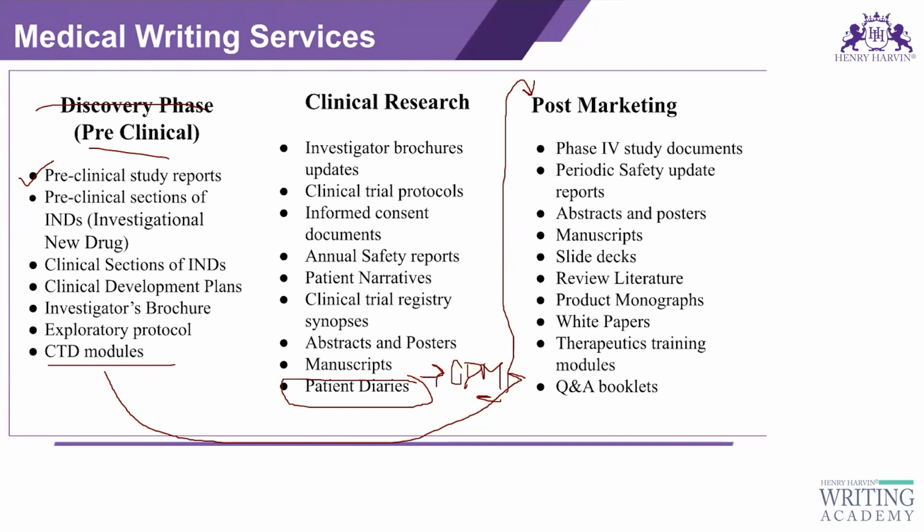Then there are the PvPI programs, the Pharmacovigilance Programme of India, which are conducted. What is pharmacovigilance? That we will discuss in module number 9, I guess. Module number 8 or 9 is related to pharmacovigilance, and in that we will discuss pharmacovigilance in detail. And in module number 6, we'll discuss what documents are required during or after the marketing of the product.